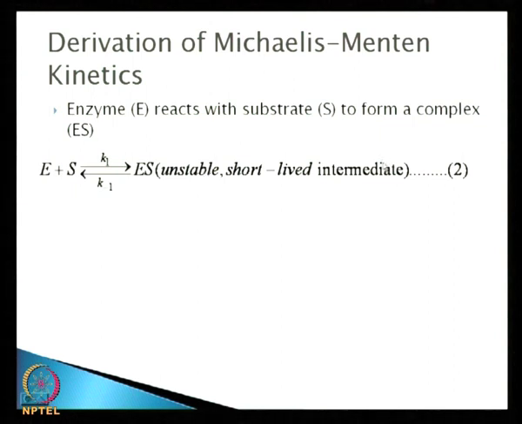Important to note, what is given in parenthesis is that this complex ES that is formed is an unstable complex that is short lived. It does not live for a very long time. It degenerates or degrades or changes over to something else. And this is an intermediate species, right.